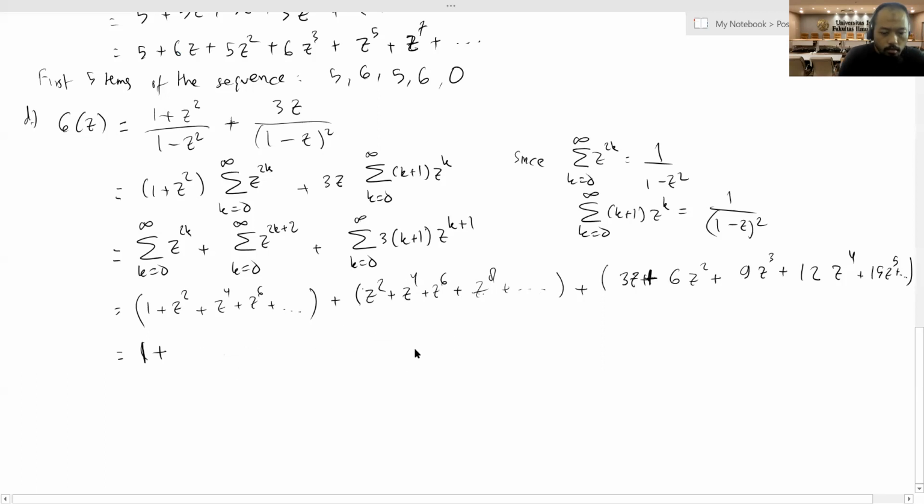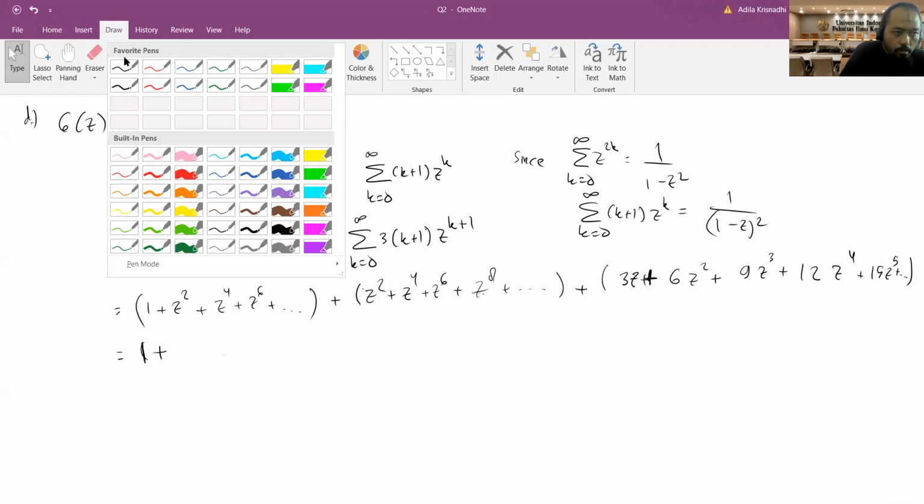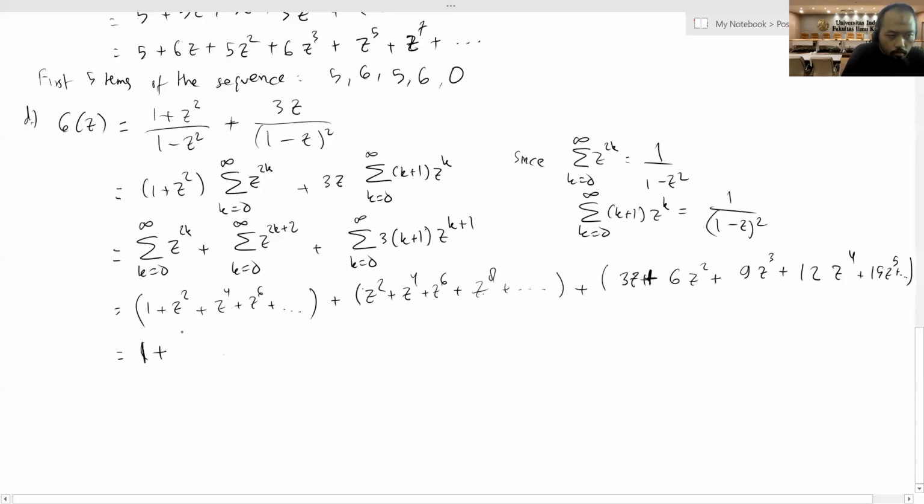So then the last summation here becomes this: 1 plus 3z plus 8z squared plus 9z cubed plus 14z to the power of 4 plus 15z to the power of 5 and so on.